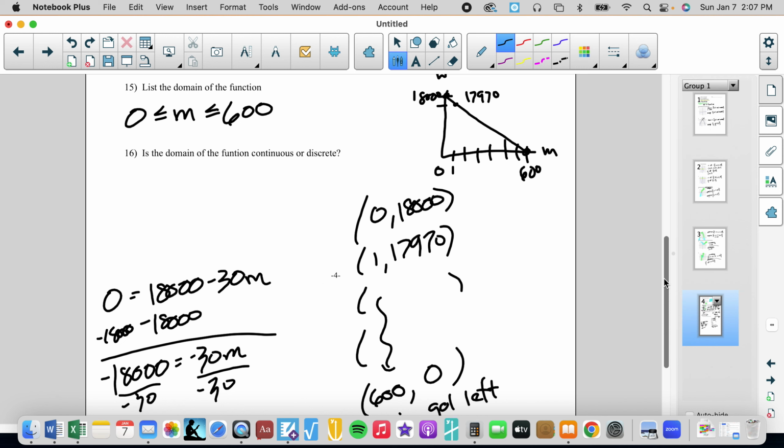And then, is the domain of the function continuous or discrete? It is continuous because we can have partial minutes. It is draining and it is continuous from the time you start your watch to the 600th minute. It is not discrete. Discrete means it's points, meaning minute 1, minute 2.